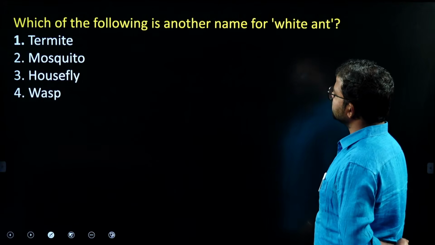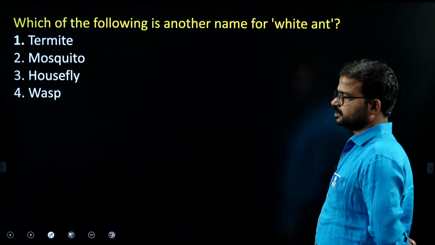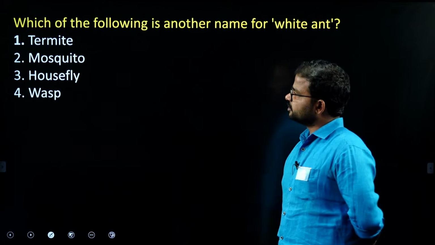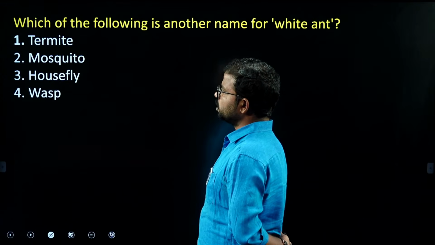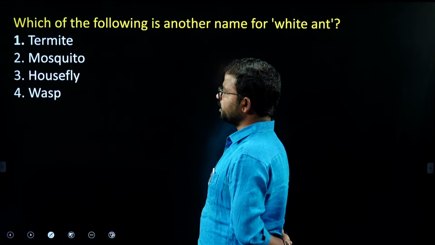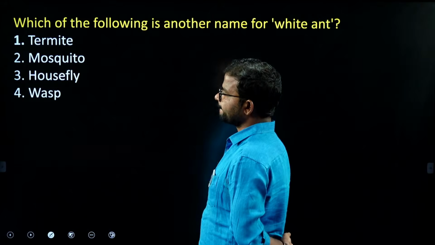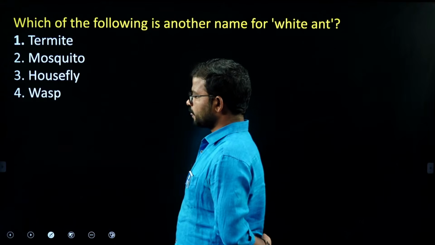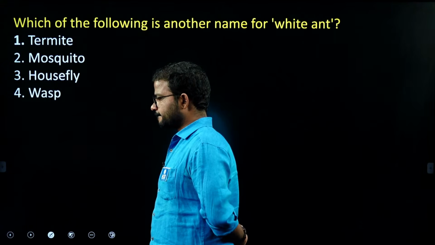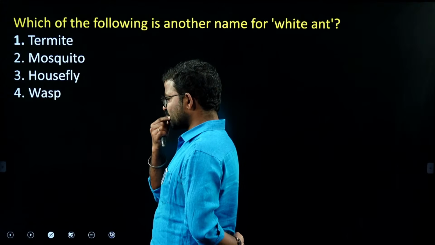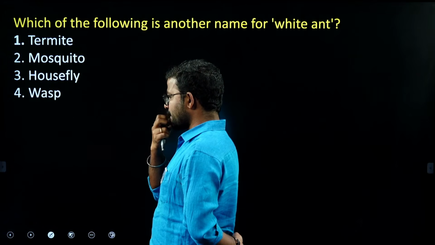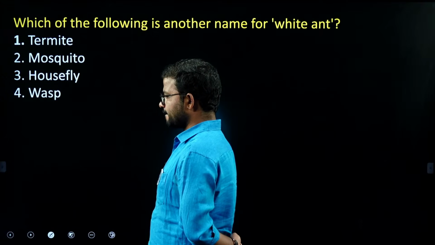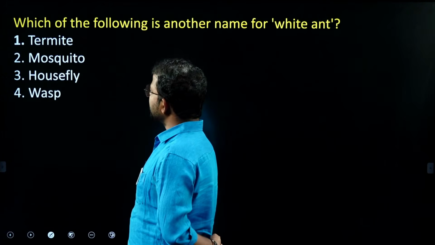Which of the following is another name of white ant? It is a very simple question, right? Another name of white ant: termite, mosquito, housefly, wasp.